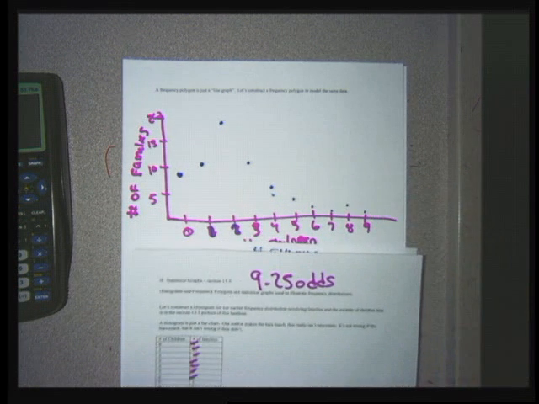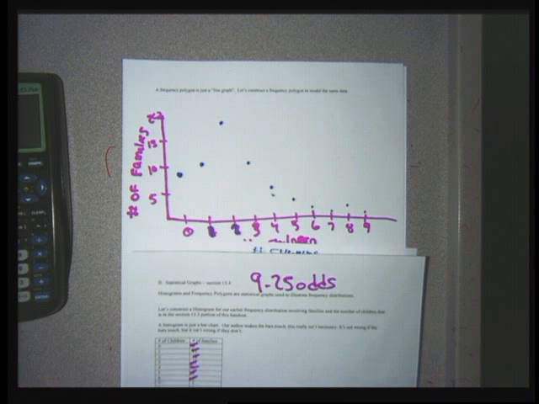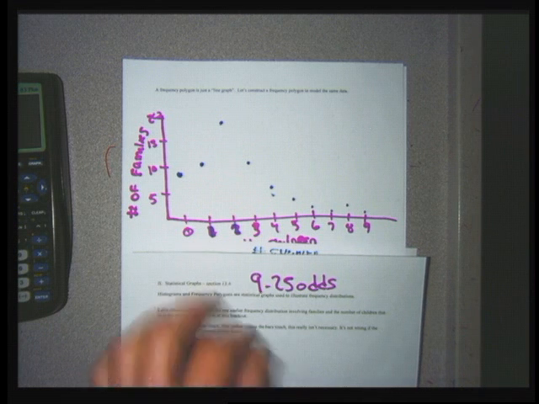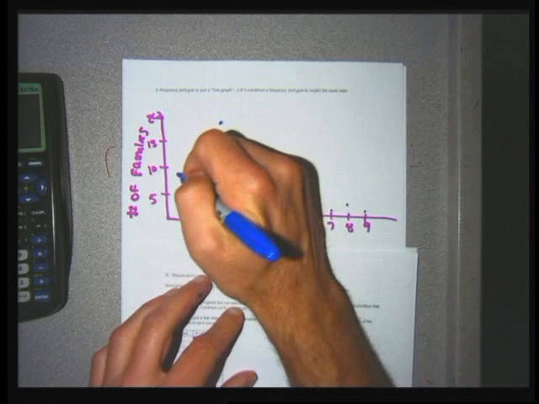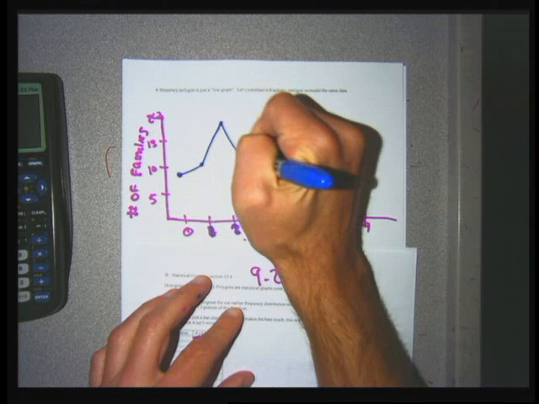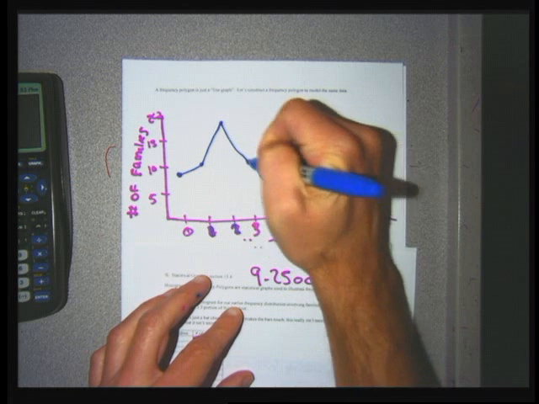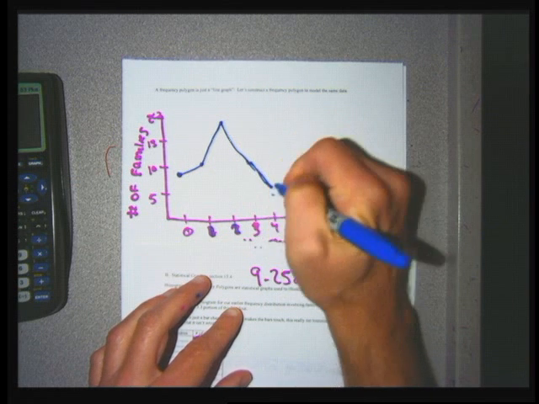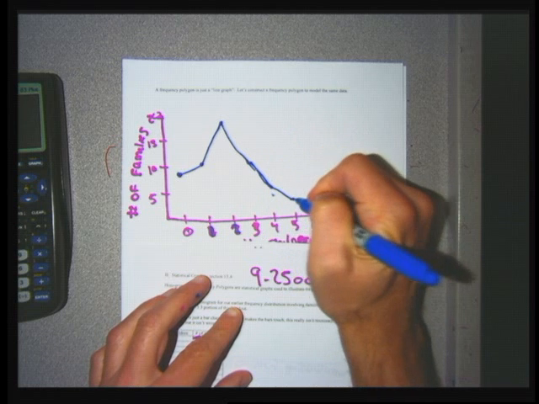I'm just going to connect each of the dots with a line. So I'm going to draw a line that connects each of the consecutive points best I can. It'd probably be nice if I used a ruler, but not such a big deal that I don't.